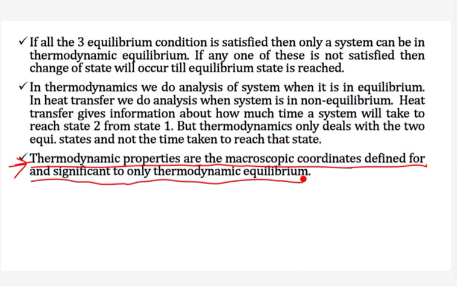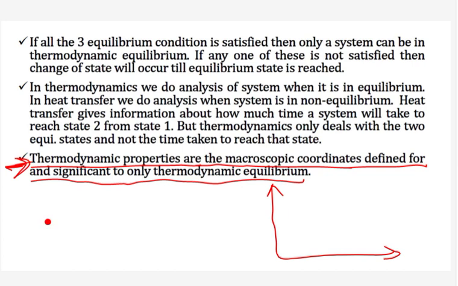Just pay attention to this point and the next point I'm going to tell after this, and try to connect those two points. A thermodynamic property is significant only when the system is in thermodynamic equilibrium.